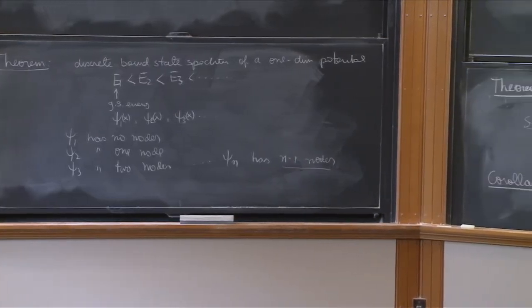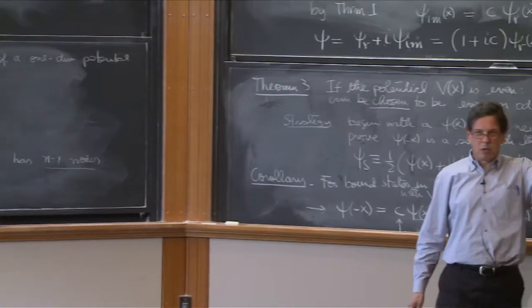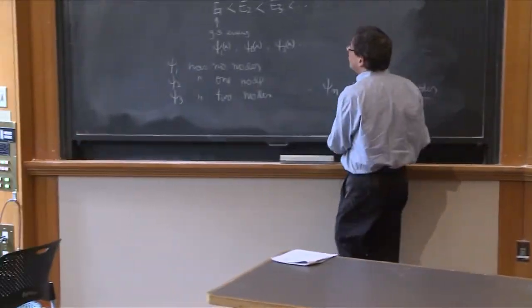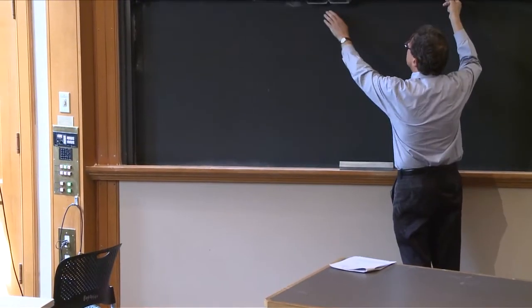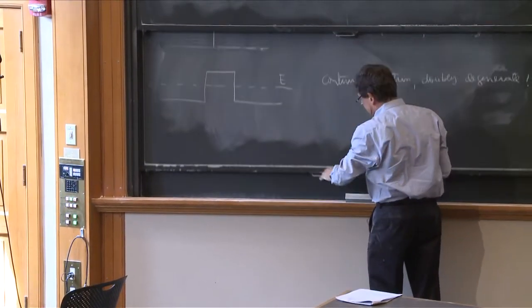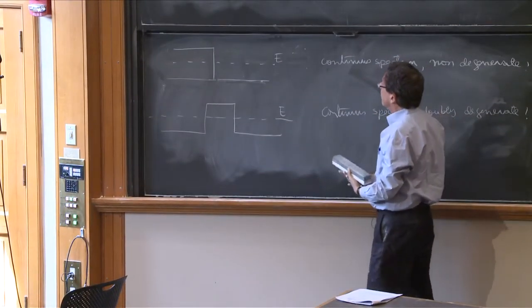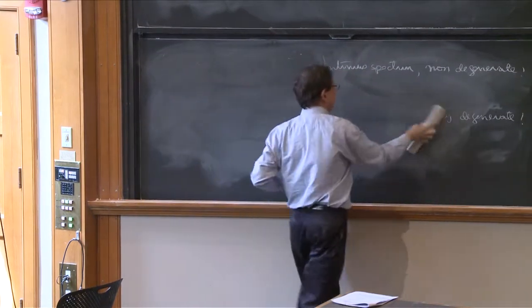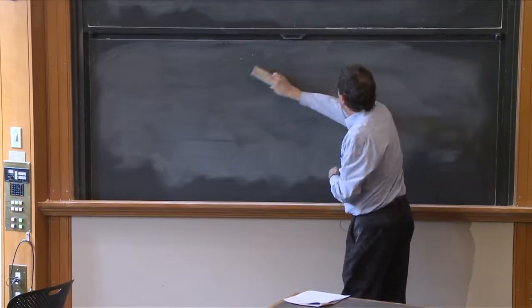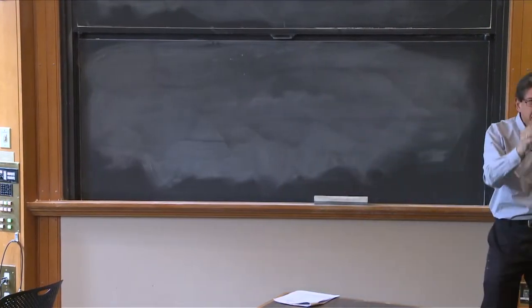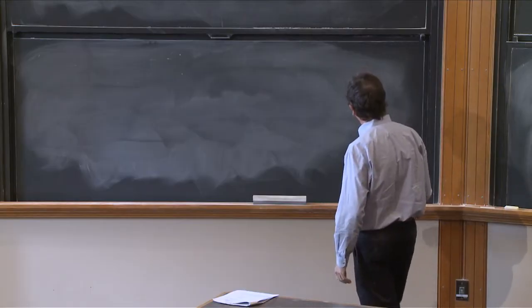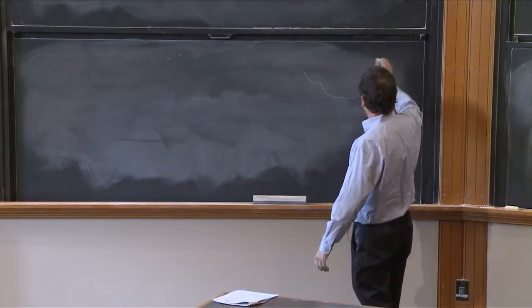Now, there are several ways people show this. Mathematicians show it in a rather delicate analysis. Physicists have an argument as well for this, which is based on approximating any potential by infinite square wells to begin with. So they say, suppose you have a potential like that.